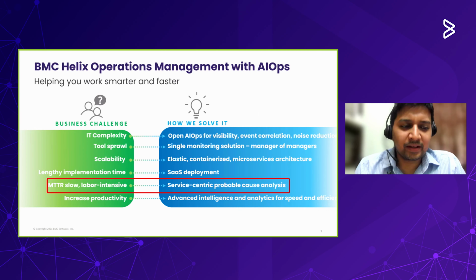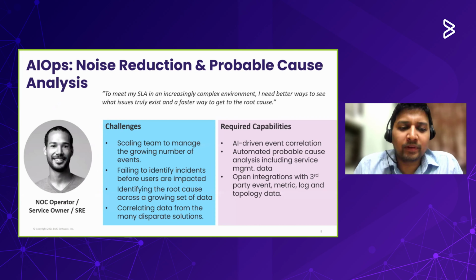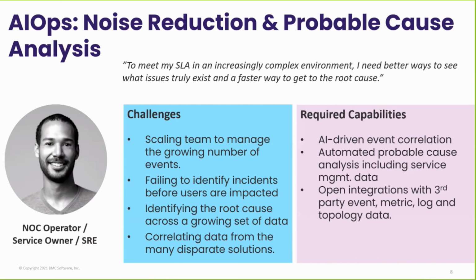Yep. Thanks, Sam. Now, let me take you through an AIOps use case. So here's John, who can be your NOC operator, a service owner, a DevOps engineer, or a site reliability engineer. What are his goals? John wants to meet his SLAs in an increasingly complex environment to delight his customers.